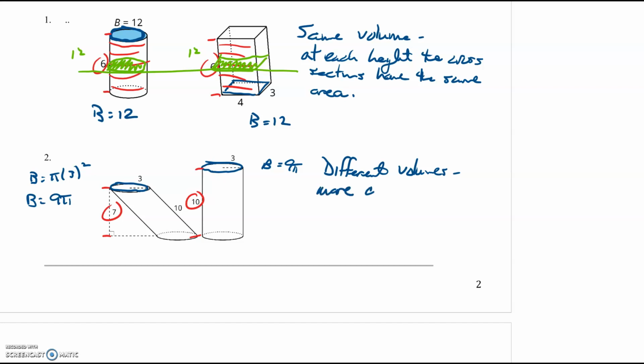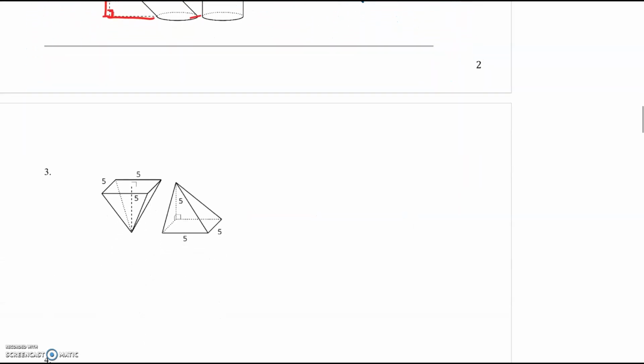There are more areas on the right cylinder. Okay, this oblique cylinder, remember the height, we always want to make sure our height is measured at a 90-degree angle. Perfect. So these ones will have different volumes because there will be more of the bases stacked up on the right-hand side.